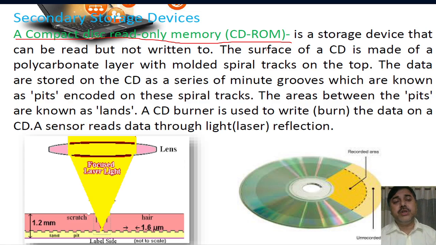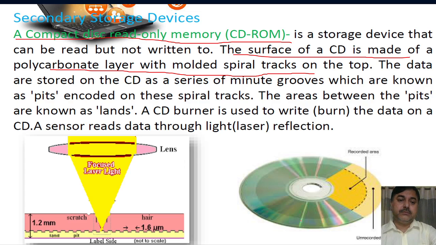When we write data on each of these devices, the surface of the CD is made up of a polycarbonate layer, and it moves like spiral tracks.